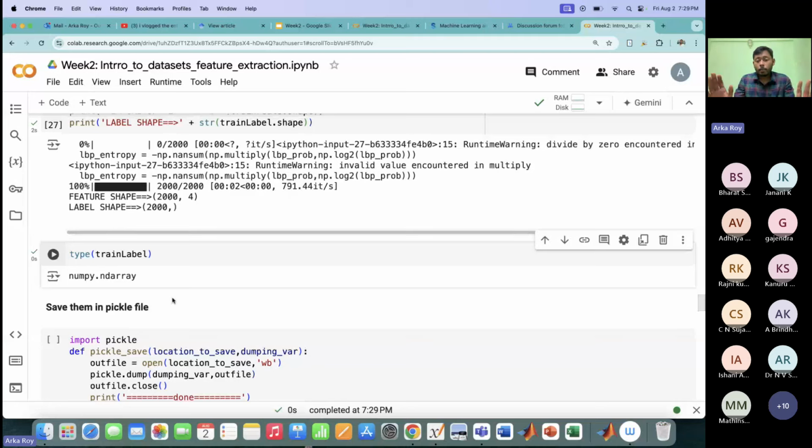Okay, so this is the sequential part. You have to load the data set. We have done this part. You have to extract some features from the data set. We have done this part as well.